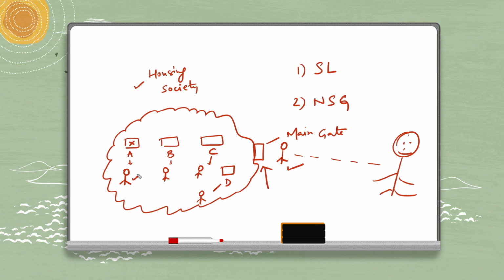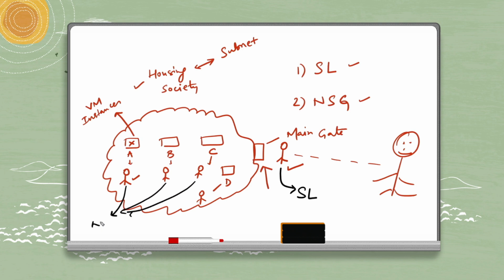If you understand this, you will very easily understand what is a security list and what is a network security group. Replace the housing society with a subnet. Replace the individual houses with virtual machine instances. If you do that, this main guard you can replace with security list, and these all you can replace with network security groups.